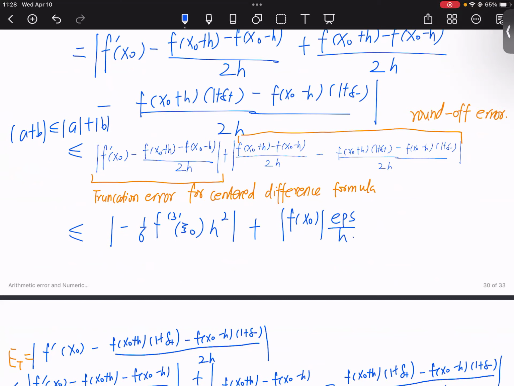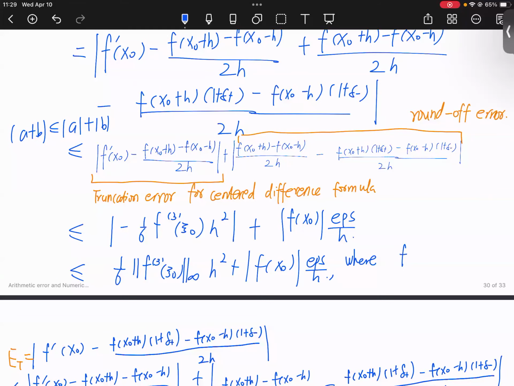And now I'm going to take one more inequality sign here, and then this one is less than or equal to 1/6, taking the infinity norm of this value, the infinity norm, and then h squared plus the absolute value of f(x0) epsilon over h. In case you don't know the definition of the infinity norm, so the infinity norm here, we have the third derivative here, right?